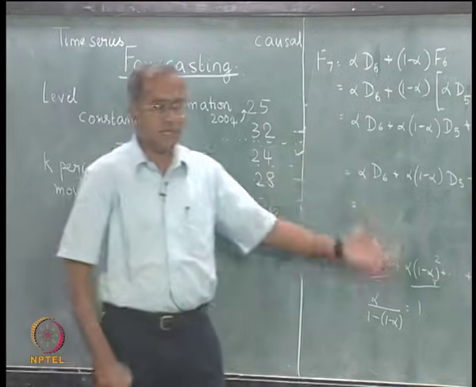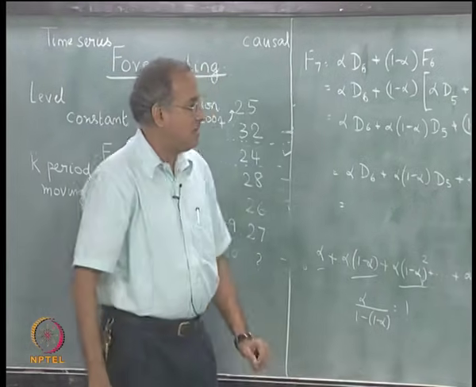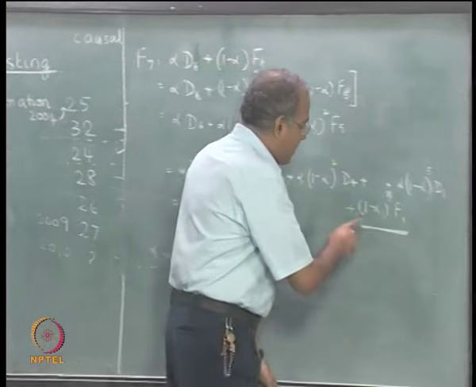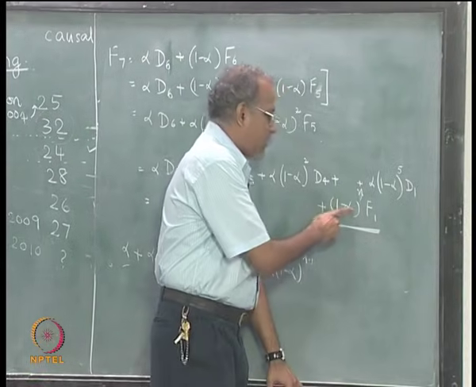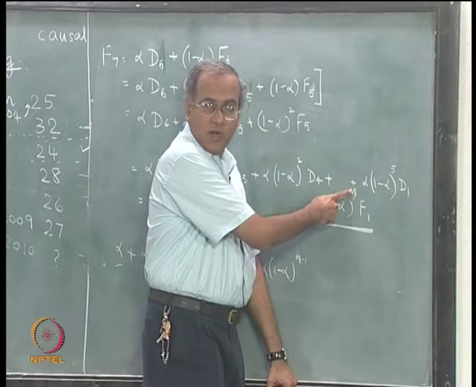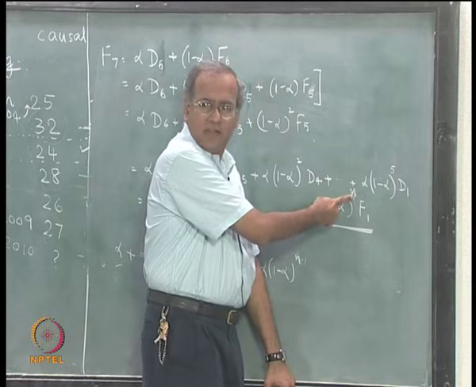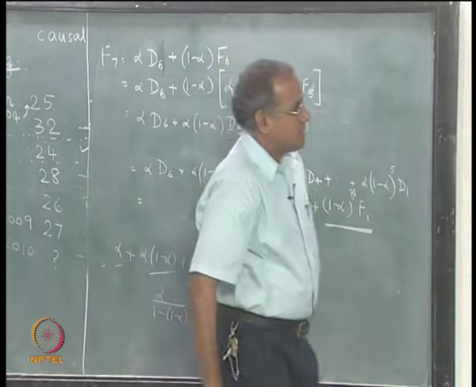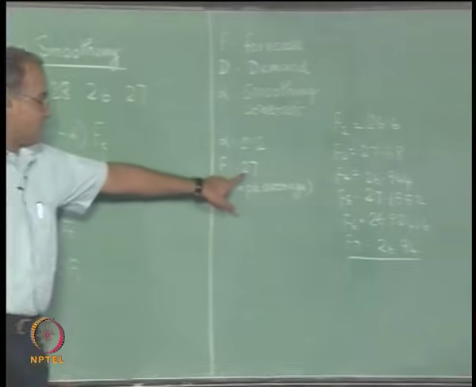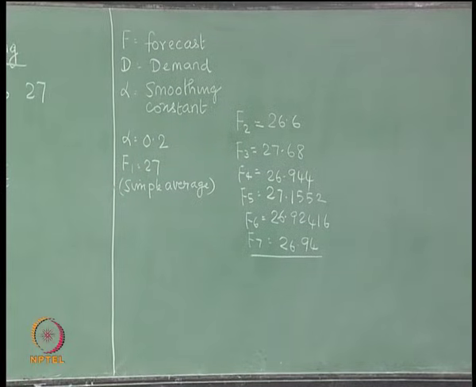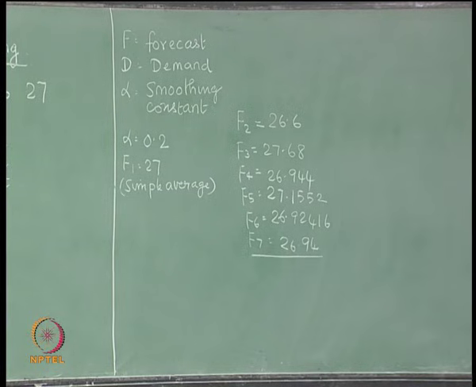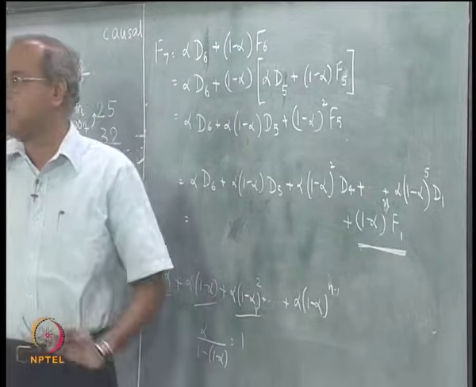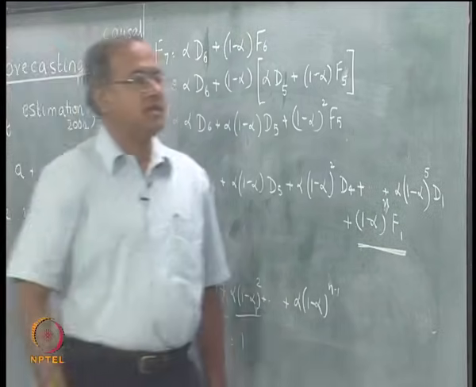Plus the fact that 1 minus alpha to the power n is very small, even for a reasonable value of n. So f equal to 27 actually does not impact the final answer significantly, because the weight associated with this f1 is practically 0.